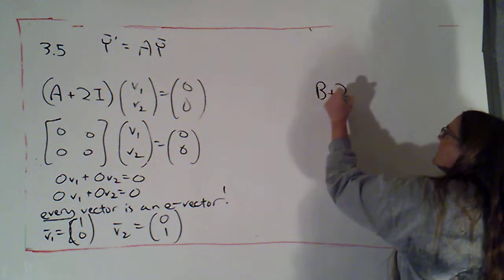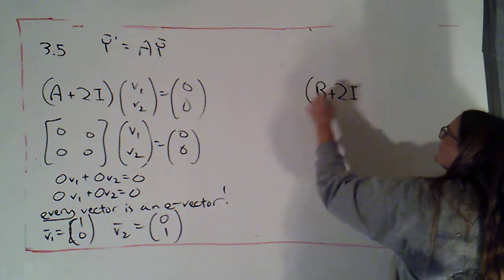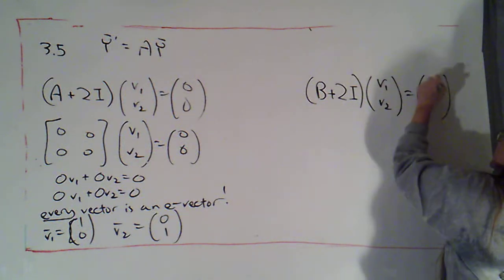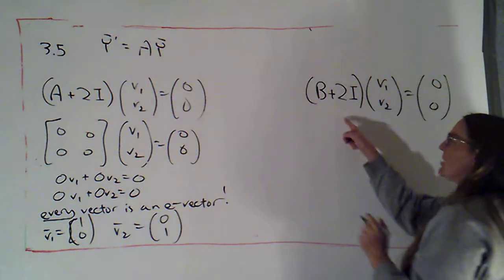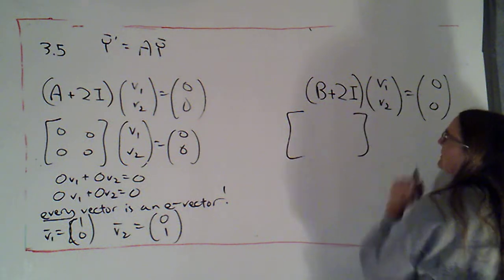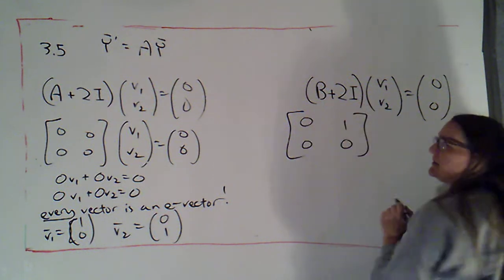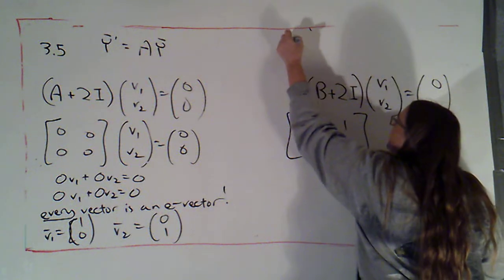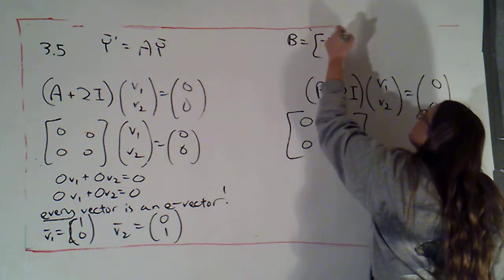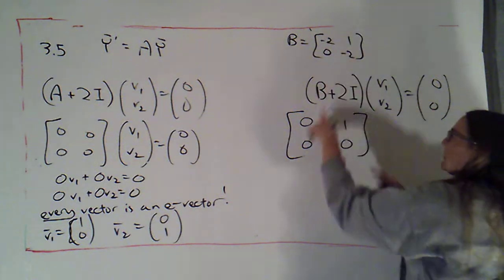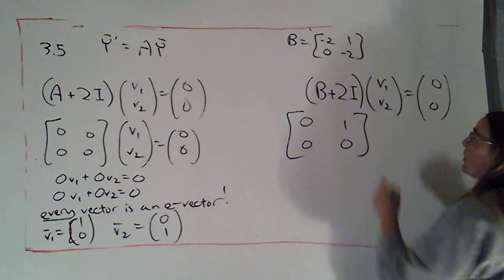If I look at B plus 2I times V1, V2 equals 0, 0, B plus 2I is going to be 0, 1, 0, 0. So remember, B was -2, 1, 0, -2. So when I add 2 on the main diagonal, those become 0, but that 1 is still there.